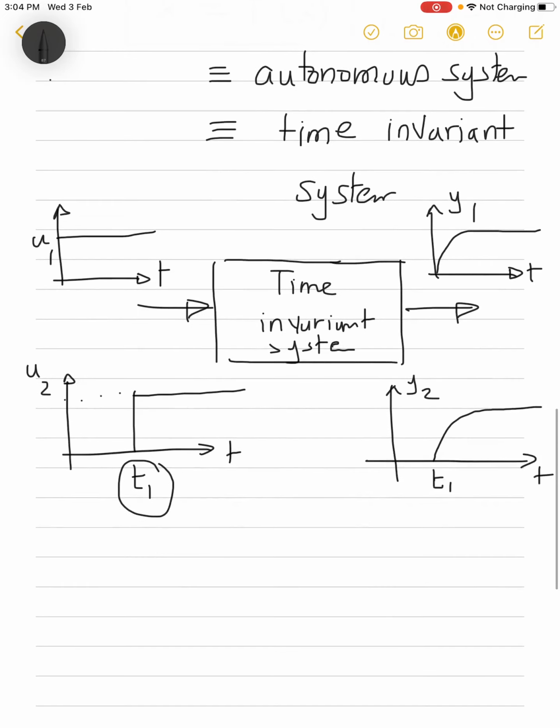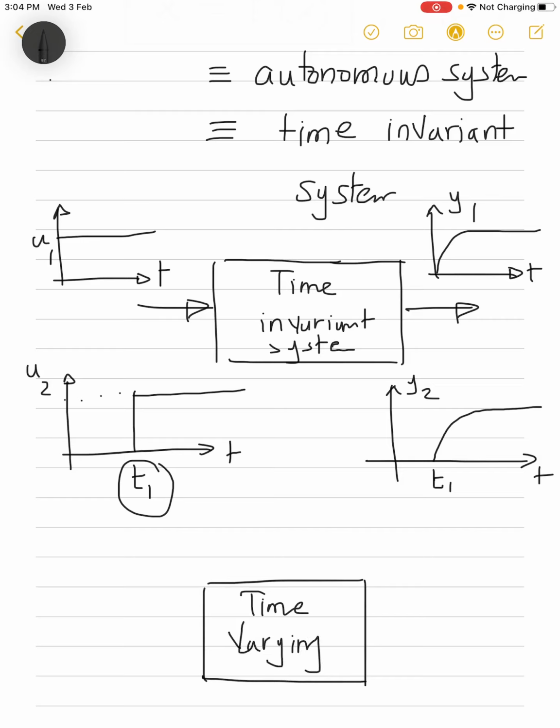So I would like to have here a simple plot for time varying systems.